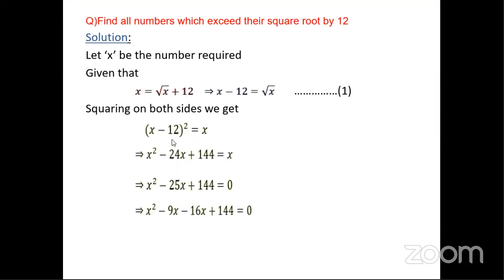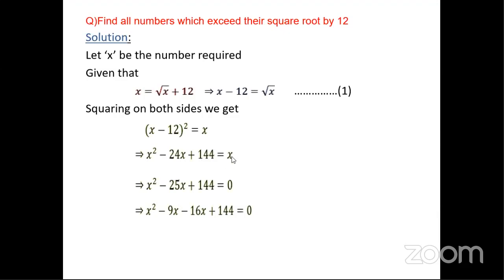A minus b whole square is a square minus 2ab plus b square, isn't it? So x square minus 2 into x into 12, which is nothing but minus 24x, plus 12 square, which is 144, is equal to x.